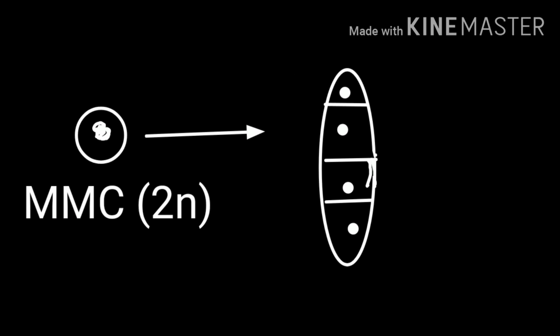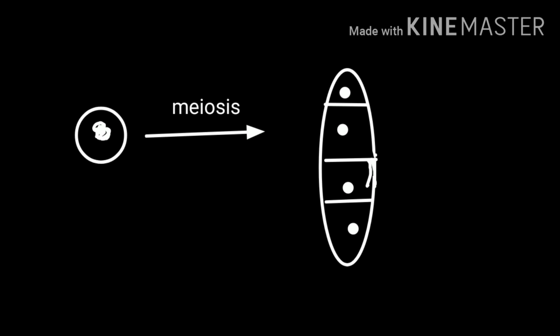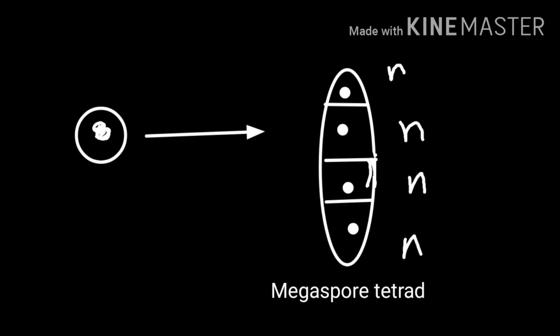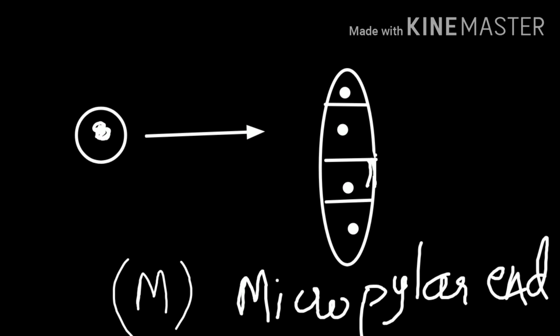This megaspore mother cell, that is diploid in nature, then undergoes meiosis and produces megaspore tetrad, that all are haploid in nature. As you can see on screen, the megaspore tetrad is in linear form and they are aligned at the chalazal micropylar axis.